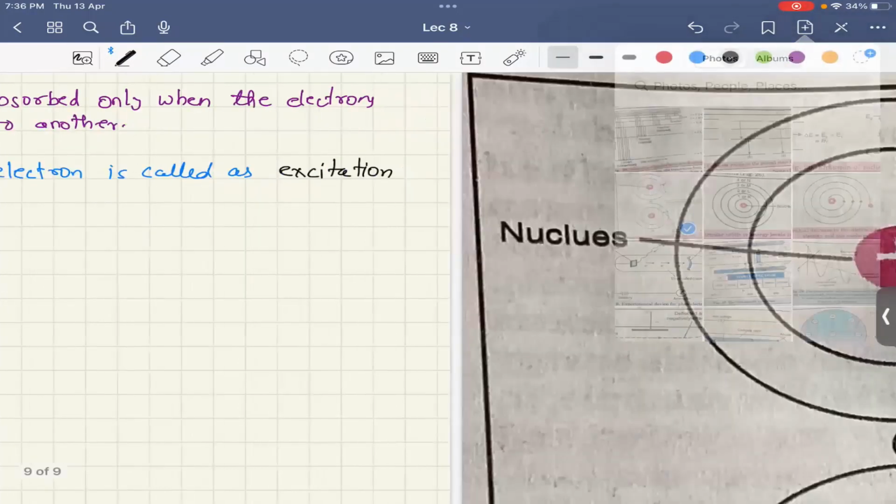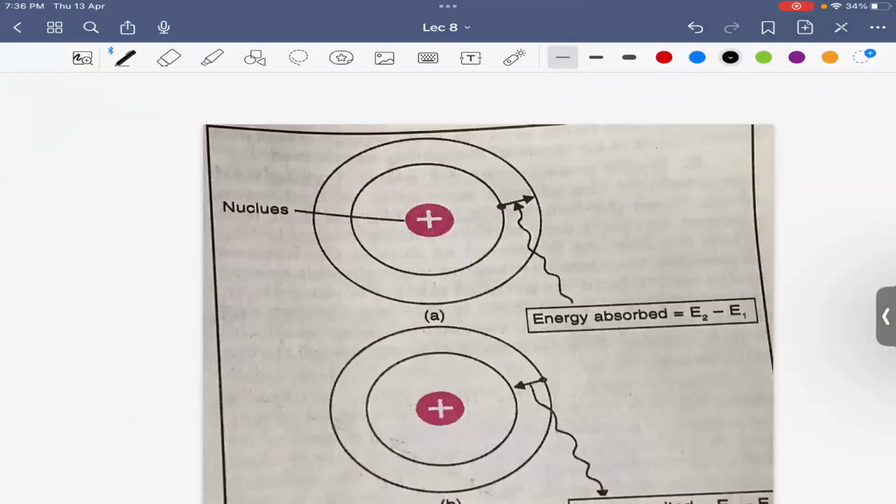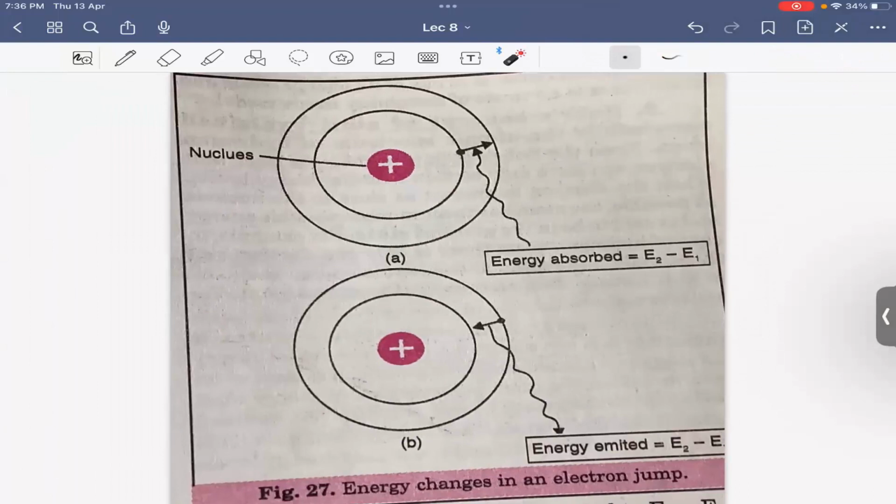So let us consider this figure, which explains the energy changes in an electron jump, right? Let us say this is the initial position of the electron and the energy at this point is E1, and this is E2.